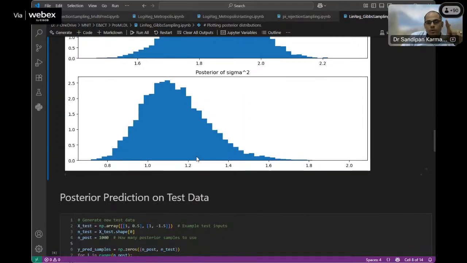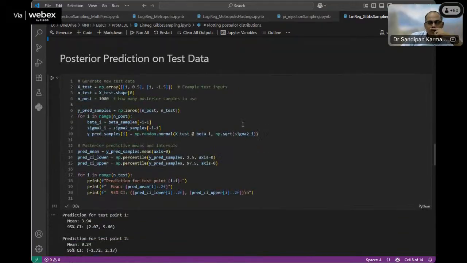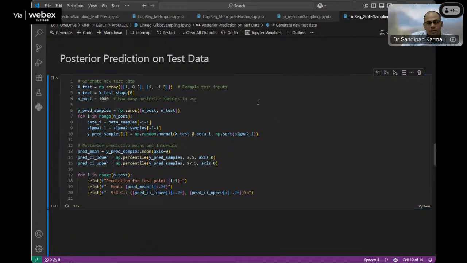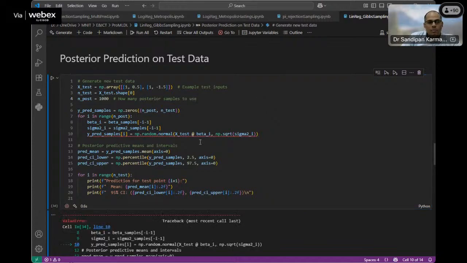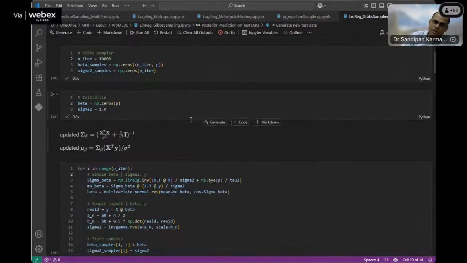In this way you can find it out. Acha, the posterior prediction, let me see. That will give some error because I have taken this x test as 2-dimensional test points. Earlier it was 2-dimensional, that's why it is coming like this.